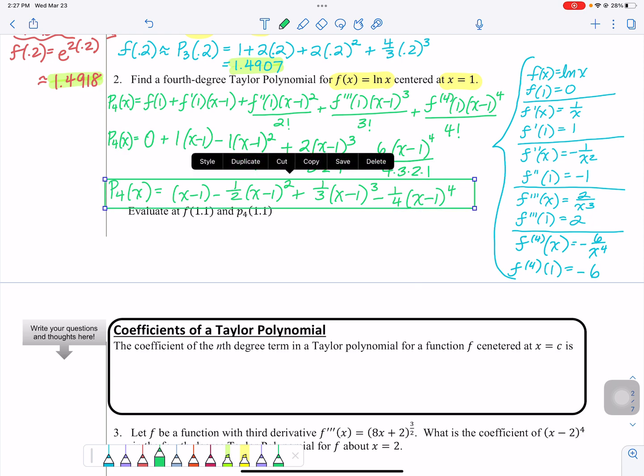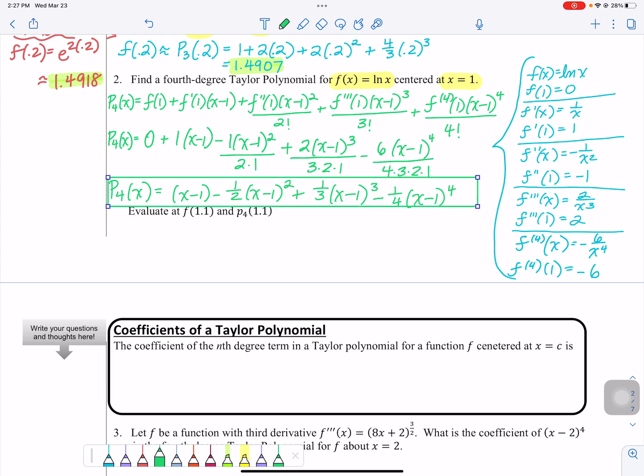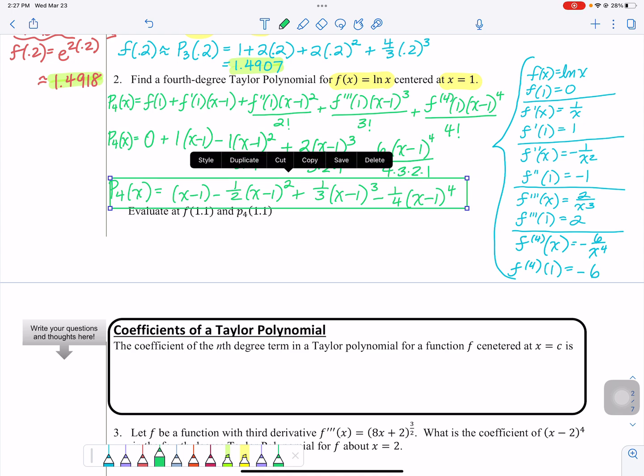Now, let's see if we can use this polynomial to evaluate f of 1.1, to approximate it. So, let's do what we did before.